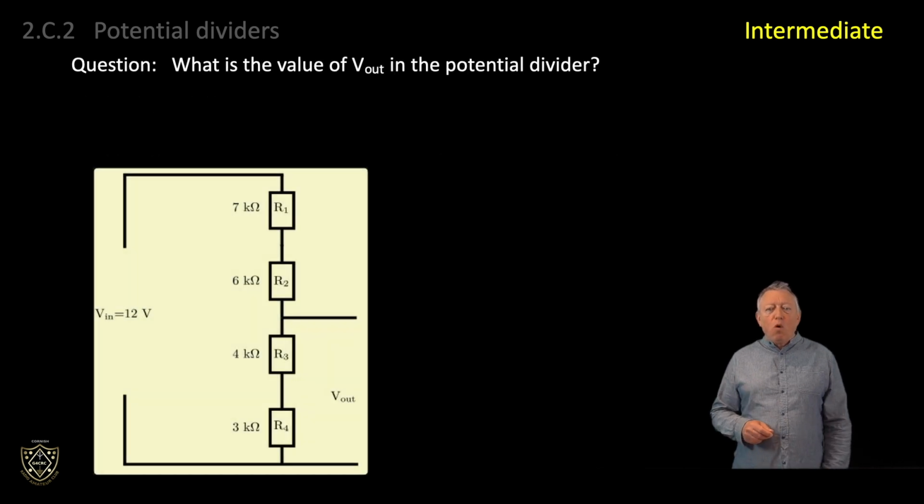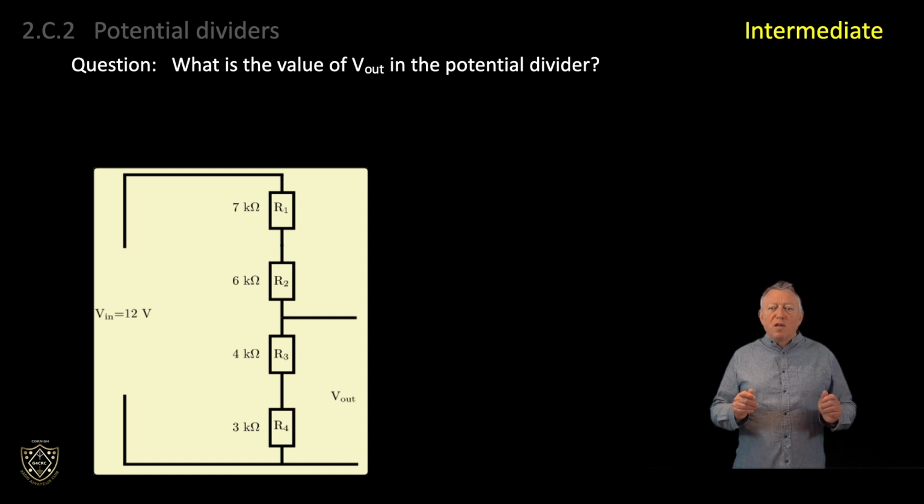Let's look at a more complicated question to see how to first work out the current and then use this to determine the output voltage. What is the value of Vout in the potential divider below? Well, firstly, we work out the total current through the resistor chain.